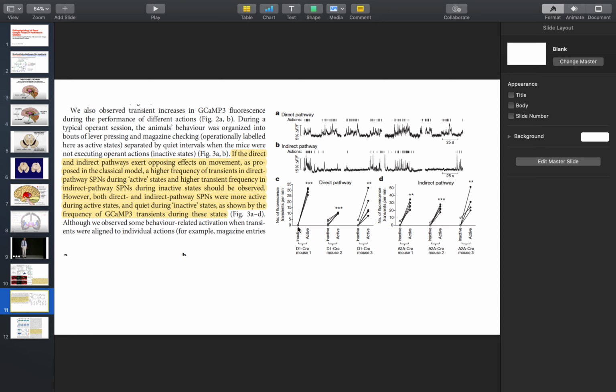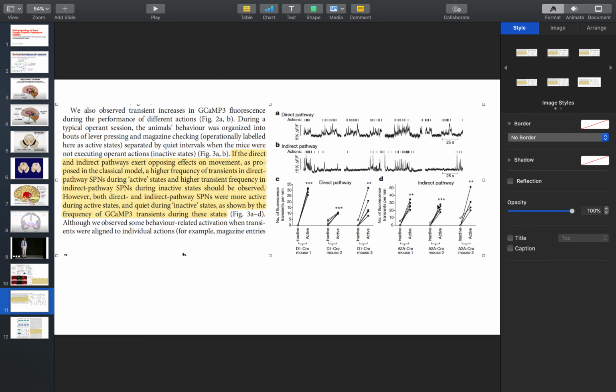The D1 Cre is inactive in the direct, and the same thing you can see in the indirect. It's a little less activity, as we would suspect, but it still holds that the voluntary movement was more active even in the indirect pathway, right here, and more so in the direct pathway, because this is D1 and this is A2A and D2.